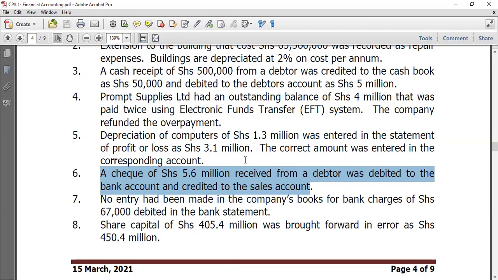Now I want to give you a chance to reflect on this, and then you give me the answer. I want to get 2 responses from you on how you'd correct this error. Just think about it and type in the chat box for us to know what exactly to do. Then I'll explain what you need to do. So just get 2 people.